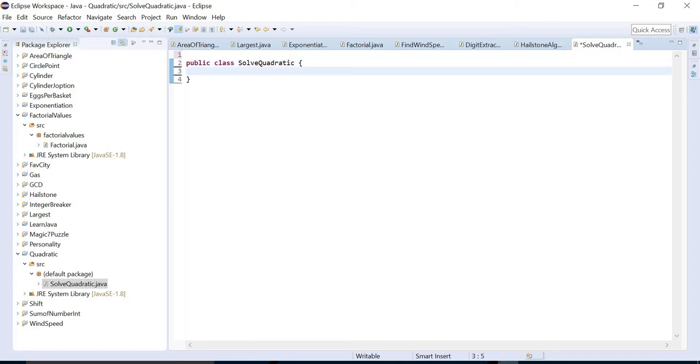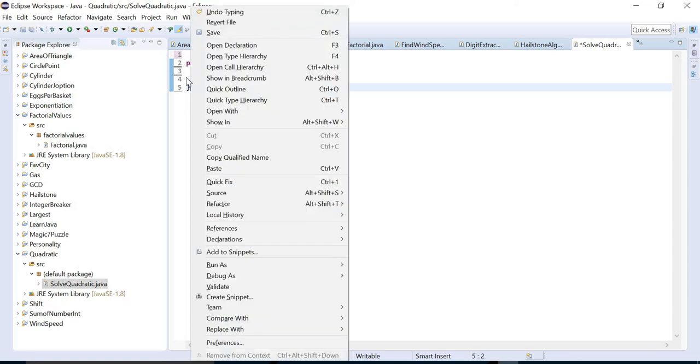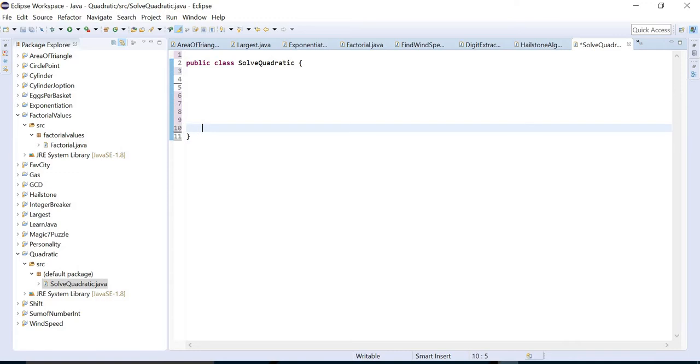Alright, open. Public class solve quadratic. Okay, and it made an end for us, that's fine. But I don't need it right now. Actually, I'll just put it and then I'll put it down because I don't want it to get in our way. Okay guys?